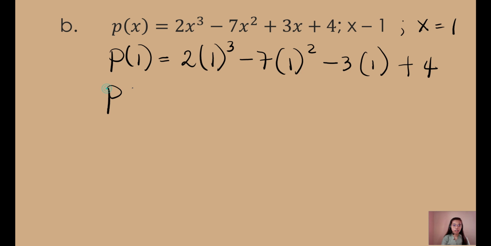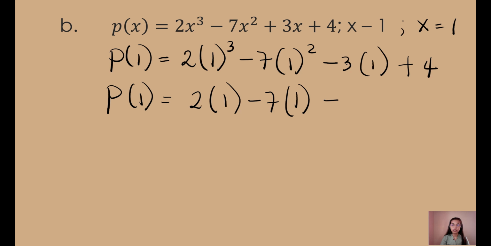So, we have p of 1 is equal to 2. 1 cubed is 1. Minus 7 times 1 squared is also 1. Minus 3 times 1 is 3, plus 4.